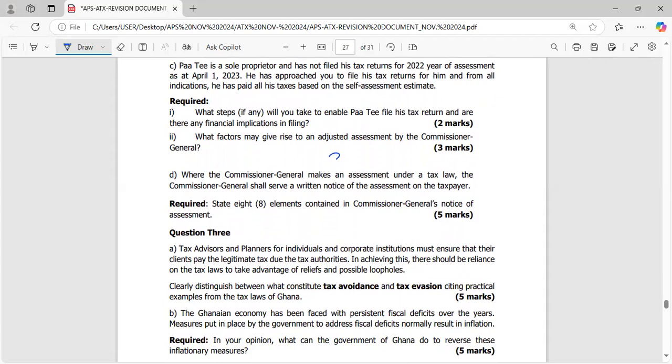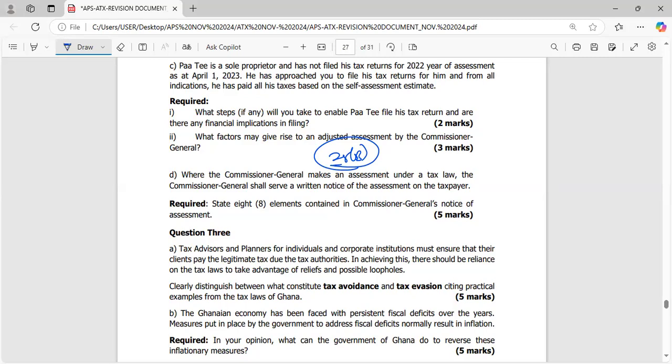This is Section 28, subsection 3 of the Revenue Administration Act. When the Commissioner realizes that you're about to cease operations in Ghana, that you filed false returns, or you have violated the tax principle, or you're about to go into liquidation, your returns can be adjusted.